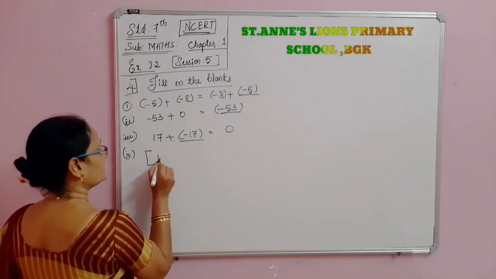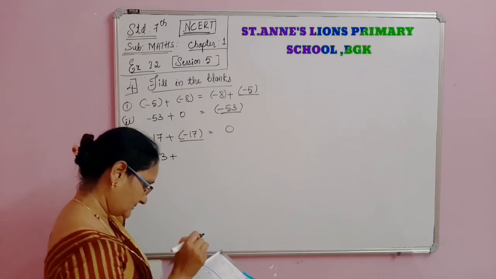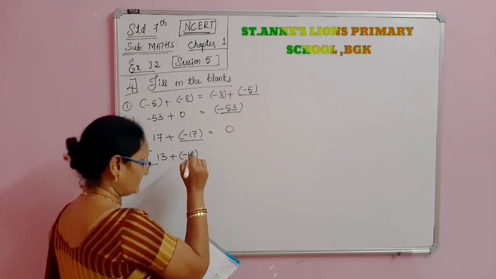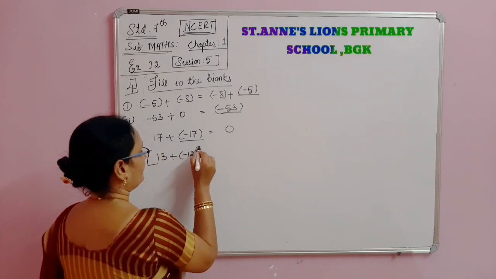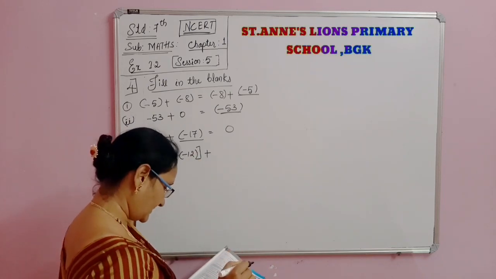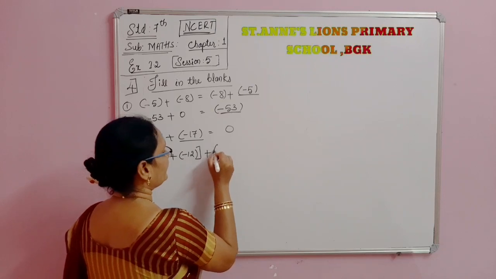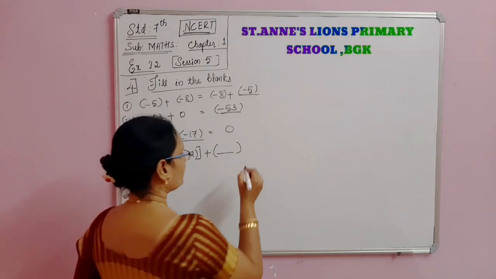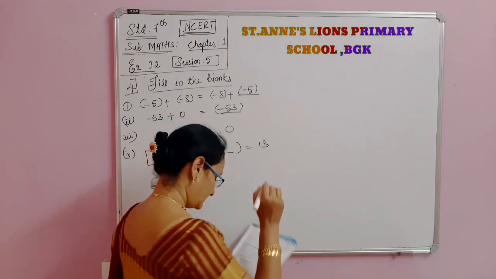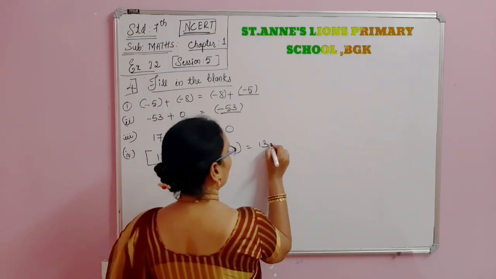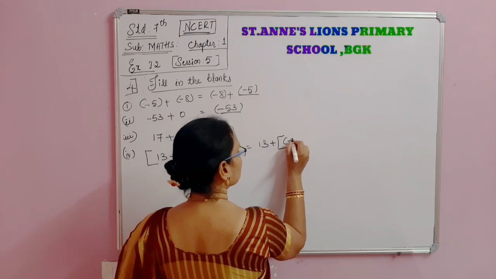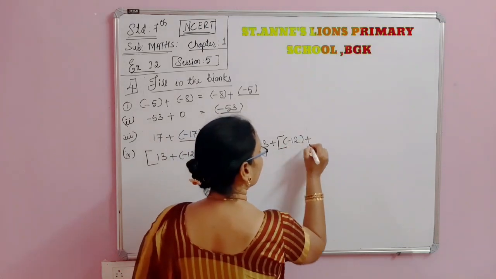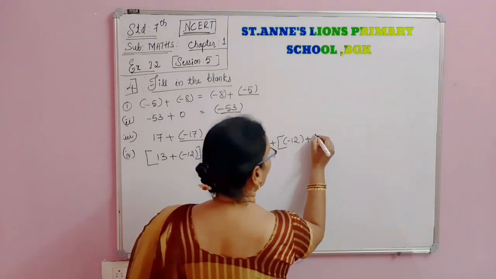Then the next one is 13 plus in the bracket minus 12 plus in the bracket dash is equal to 13 plus of in the bracket minus 12 plus minus 7.